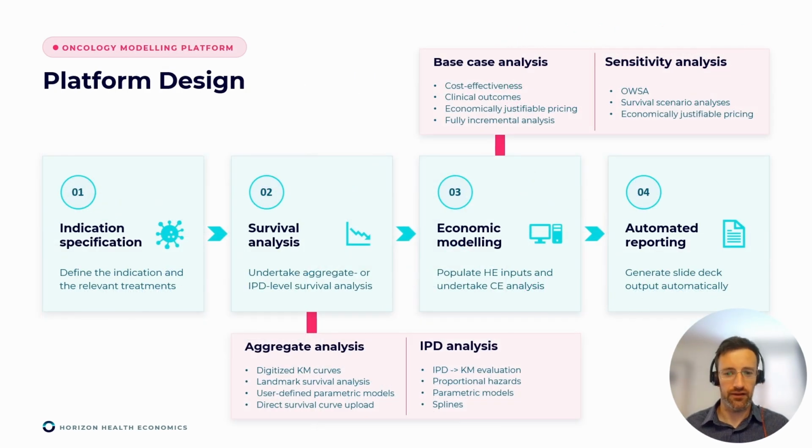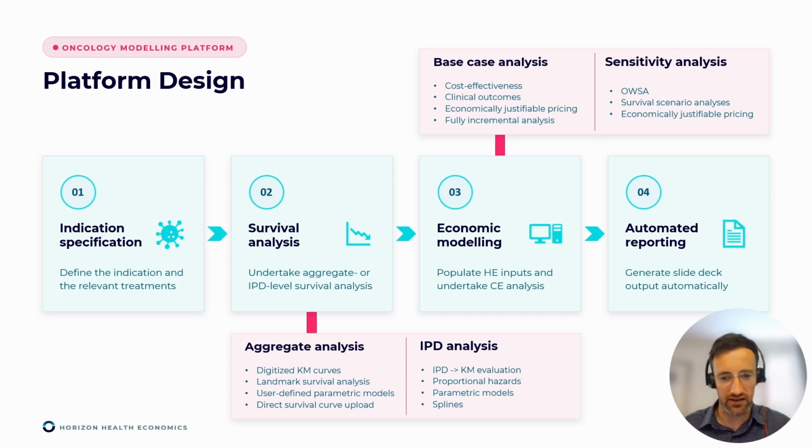Okay, now just to talk through the design of the platform itself. The platform is built in a modular way using our Shiny modules. We start initially with indication specification, defining the indication and the relevant treatments. We move on to survival analysis, where we've got the option for aggregate level data analysis or individual patient level data analysis.